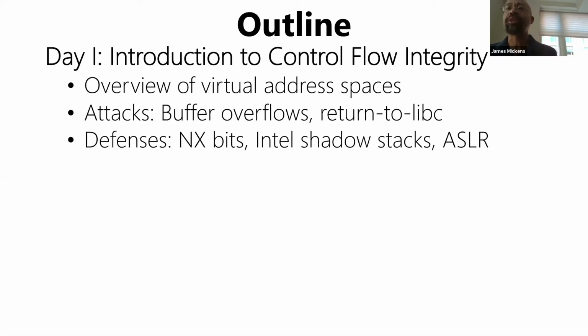We're going to look at buffer overflows, return to libc attacks, and a couple other garden variety exploits. We're also going to look at several defenses against those attacks. In particular, NX bits, no execute bits, Intel's shadow stack technology, and then address space layout randomization.